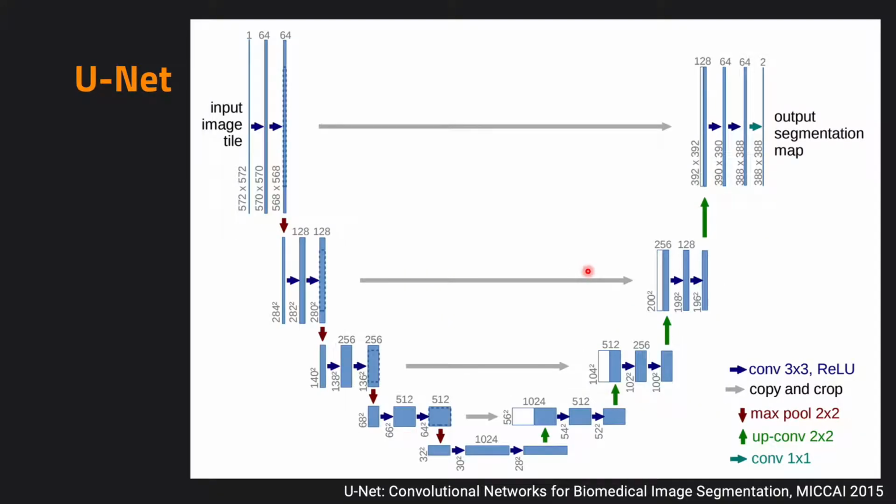This scheme has also been invented in some other work concurrent with fully convolutional networks. For example, this network called UNet, which is designed for biomedical image segmentation, uses a similar idea. We will first use consecutive convolution blocks to learn filters from the high resolution image, and at the same time gradually downsample the image to a lower resolution, so that we can learn a deeper representation for the image.